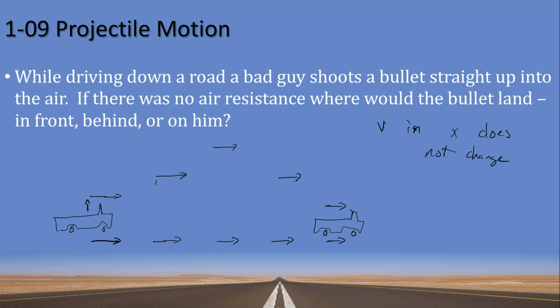In the y, it'll change. But in the x, it does not change. So the bullet will go up and come down, but its sideways motion stays the same. So as long as the bad guy drives in a straight line at a constant velocity and there's no air resistance, the bullet will land on his head. Don't go shooting bullets straight up into the air. Bad idea.